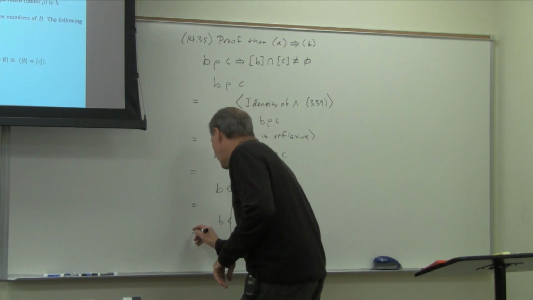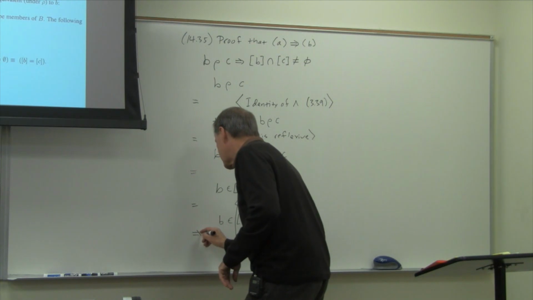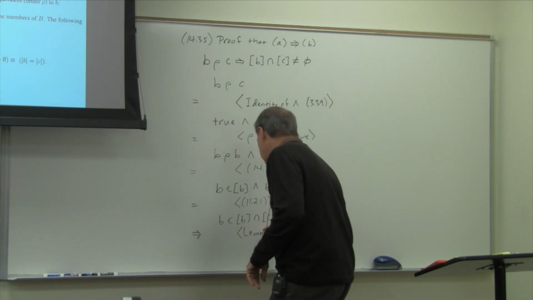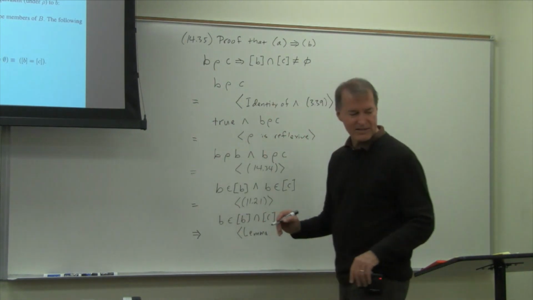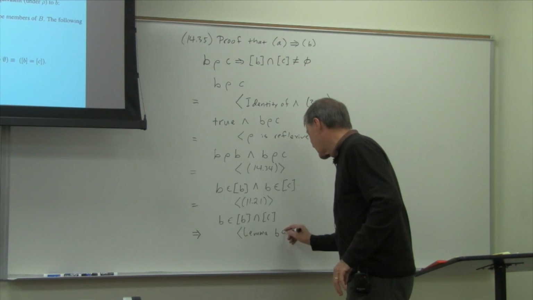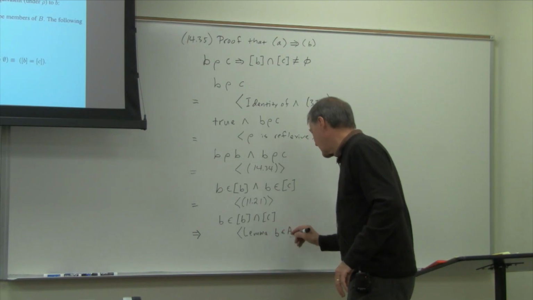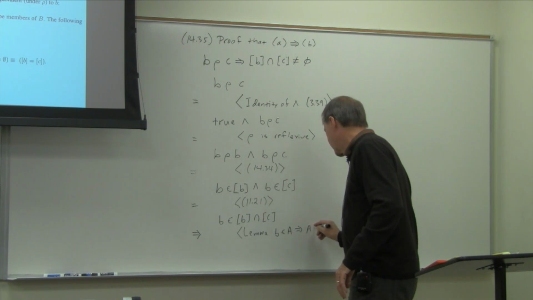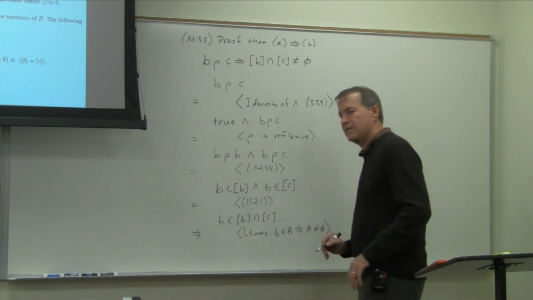But we need to prove it, so we're going to make this a lemma. Our lemma is going to be: b is an element of, we'll just call it big A, implies that A is not equal to the empty set. Okay, that's our lemma.